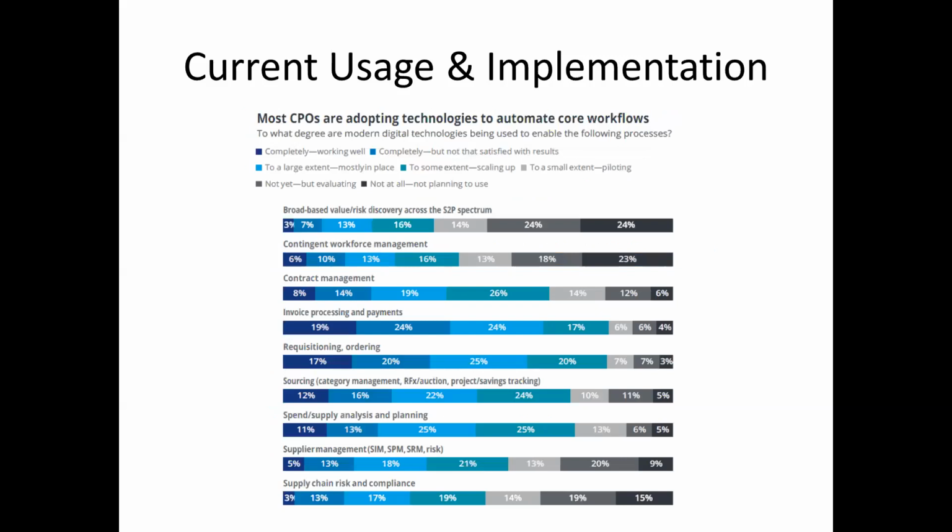Implementation, I quite like this because this is showing how many people are actually doing it and plan to do it. How many people are putting S2P in, how many are doing contract management, how many are automating requisitioning. And you can see the black ones there are generally fairly low, although there's 24, 23 at the top.